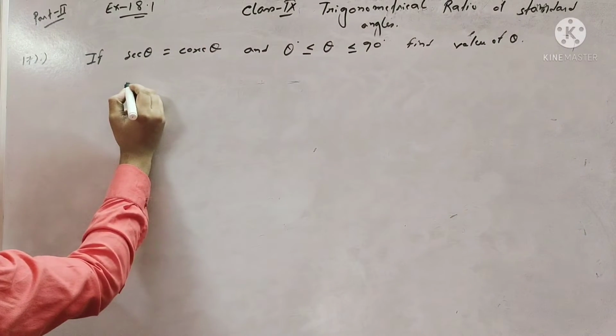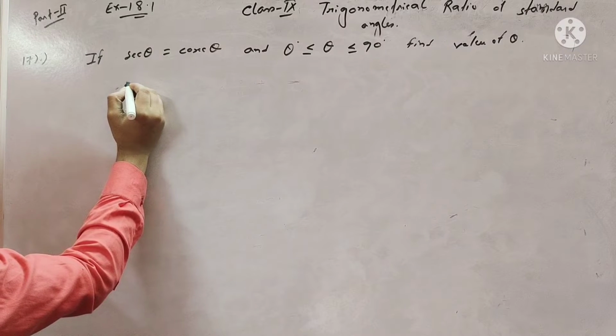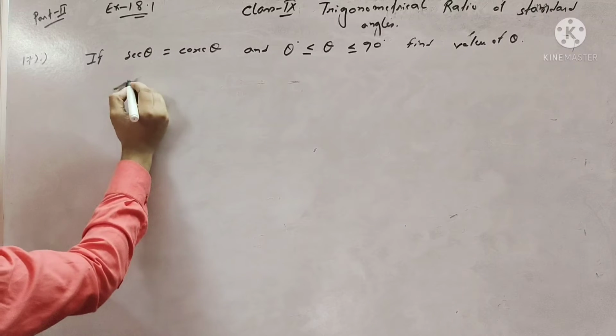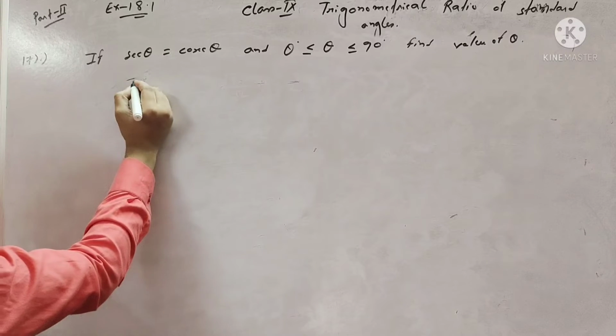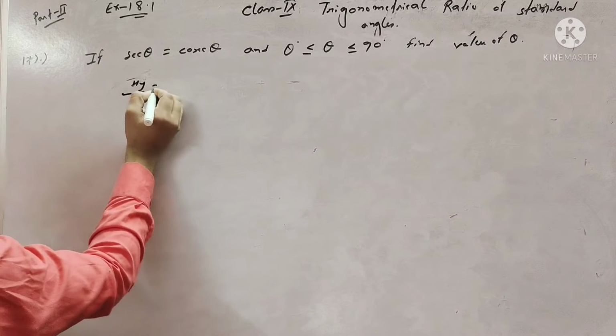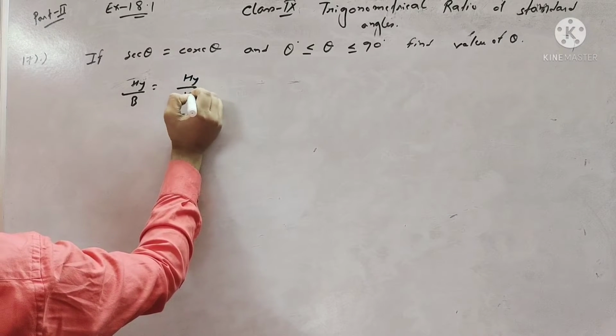So sec theta means hypotenuse by base and cosec theta means hypotenuse by height.